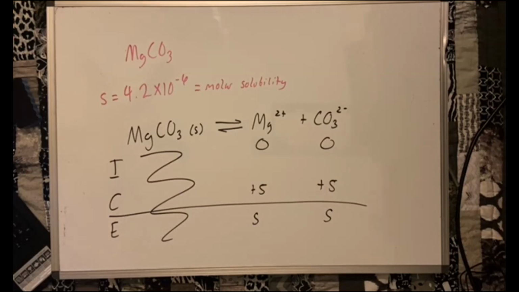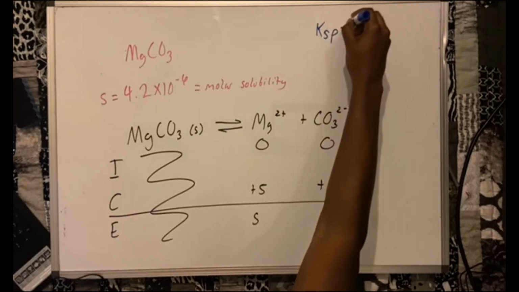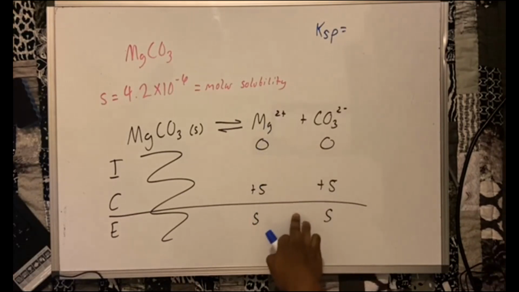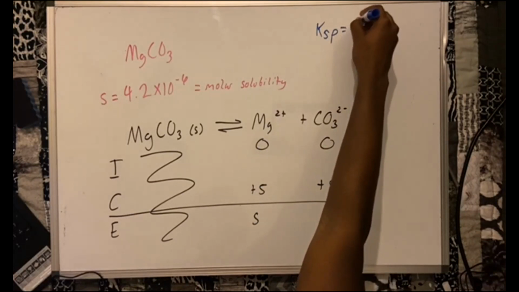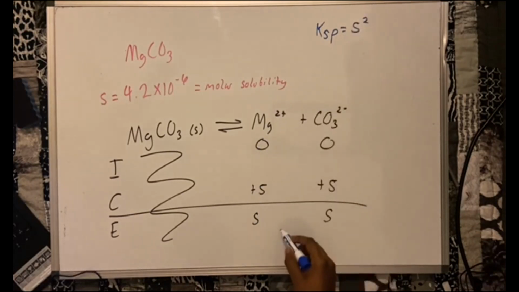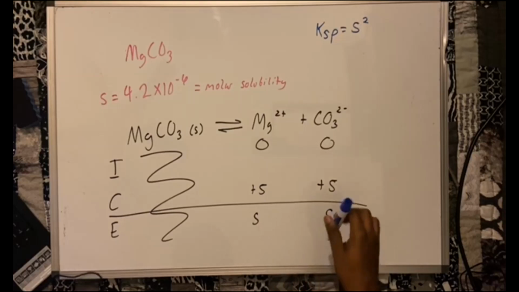Now we know that Ksp is equal to these two concentrations times each other, so that's S times S, which is S squared.